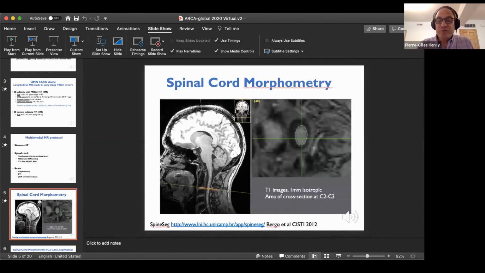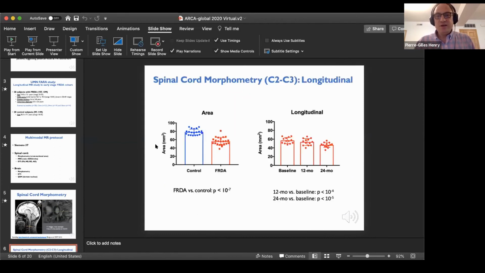For spinal cord morphometry, we use SpineSeg, which was developed in Brazil in Marcondes' group to manually segment the spinal cord. And we found very large atrophy in Friedreich's compared to controls, and also longitudinal changes at 12 months and 24 months.